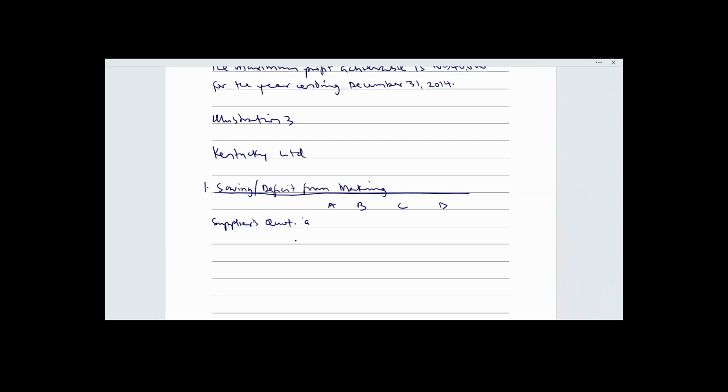I will go back to the question. What's the supplier's quotation for component A? 15 naira. 15 naira for A. Then 14.75. C, 13 naira. Then 42.